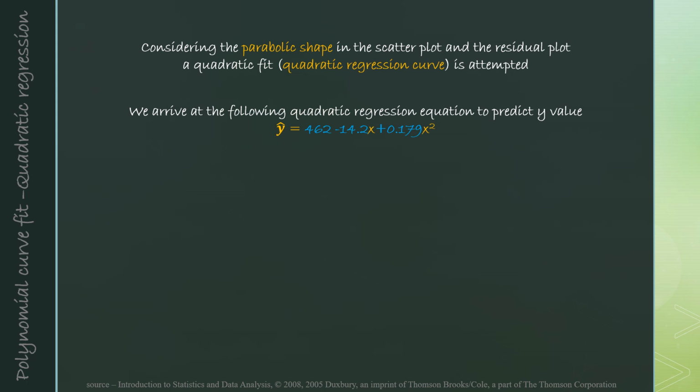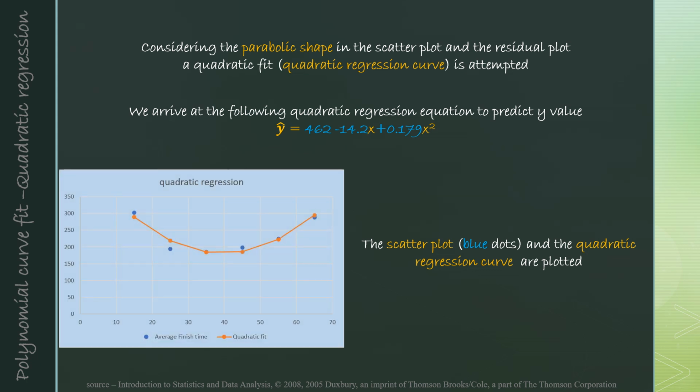There are standard software packages available that calculate the coefficients for quadratic regression expression using the sample data. The scatter plot, that is blue dots, and the quadratic regression curve are plotted. Clearly, a very close fit for the sample data can be visualized.